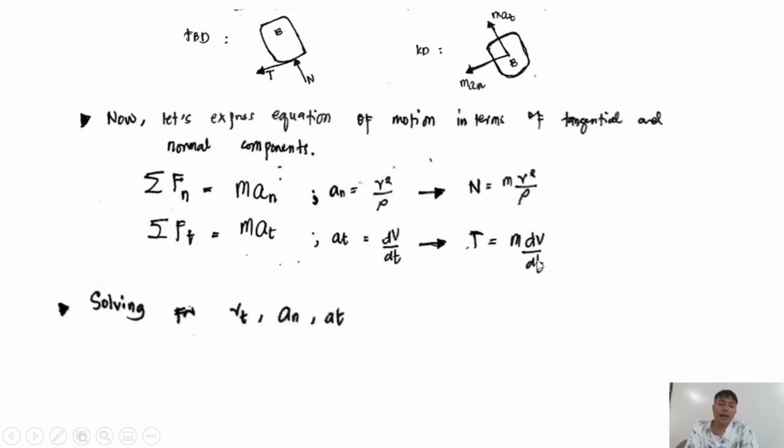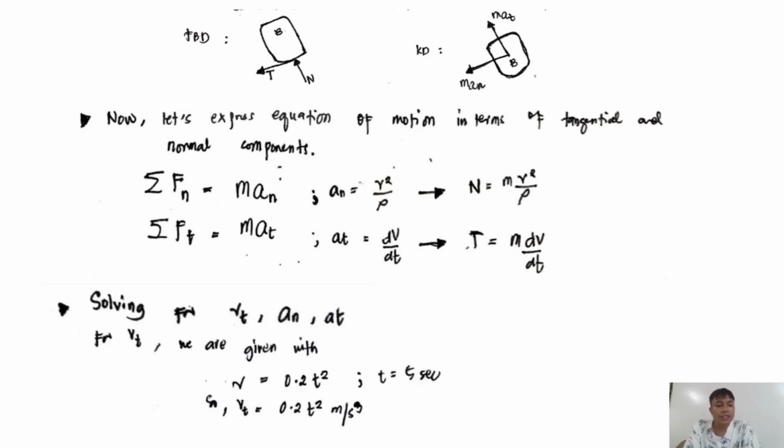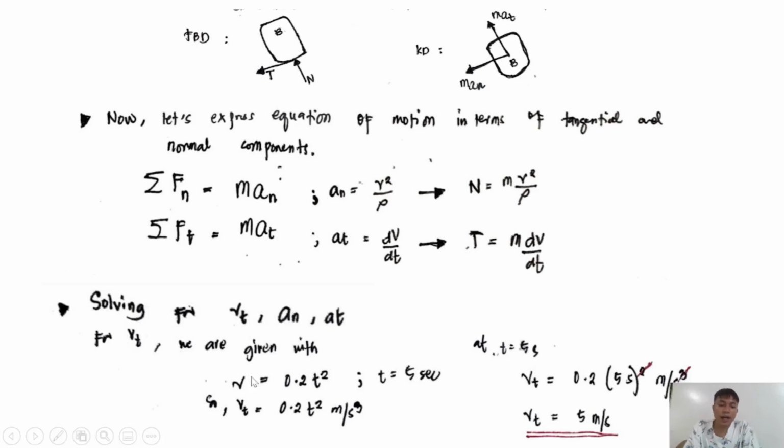Solving for the velocity Vt, An, and At. For Vt, we are given V is equal to 0.2 t squared, and we are also given the time, 5 seconds. So we substitute 5 seconds into our V, which gives us Vt equal to 5 meters per second.